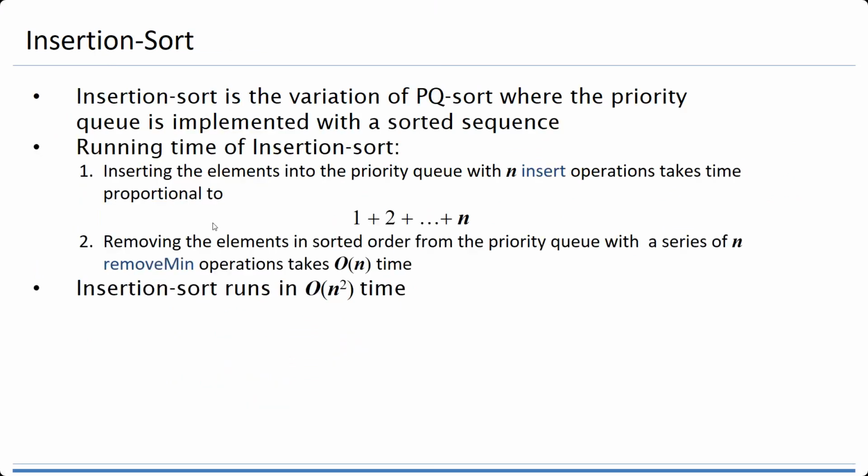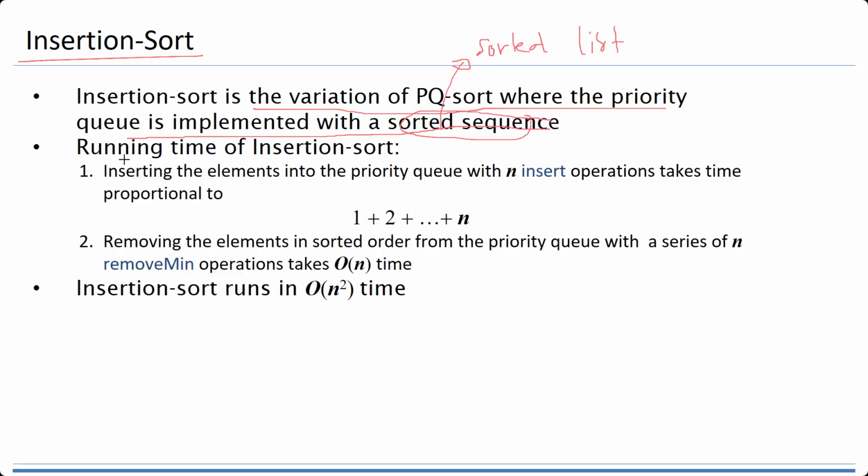If we do it with the insertion sort, okay, we call it insertion sort. It is the variation of the priority sort where the priority queue is implemented with a sorted sequence. The sorted sequence is the same as the sorted list.